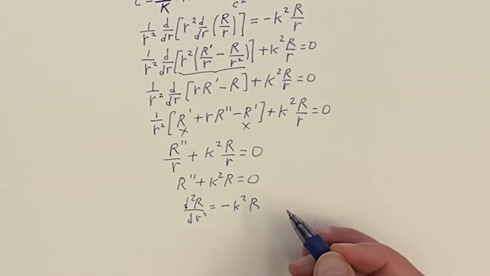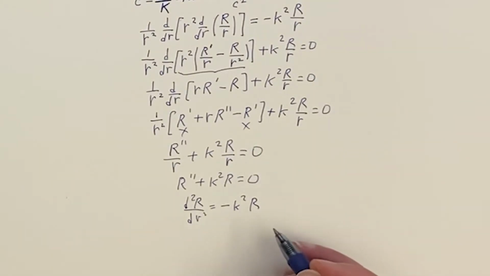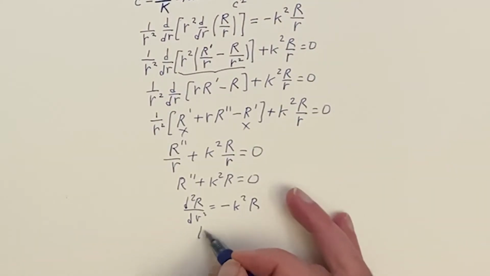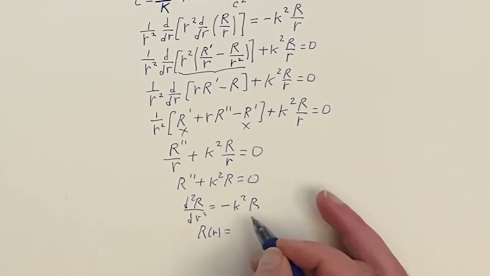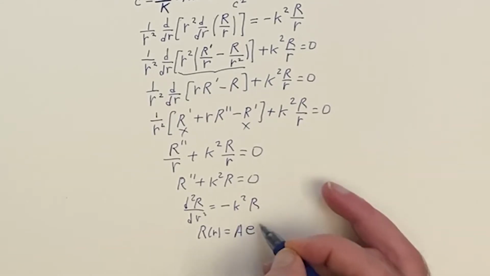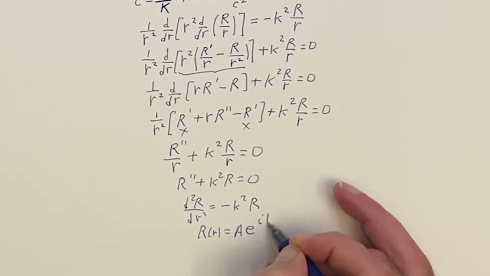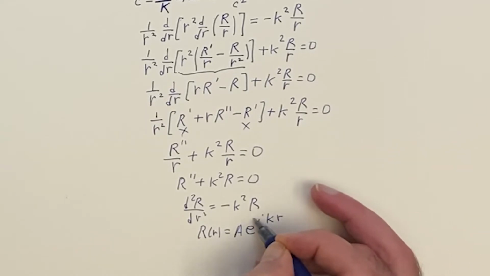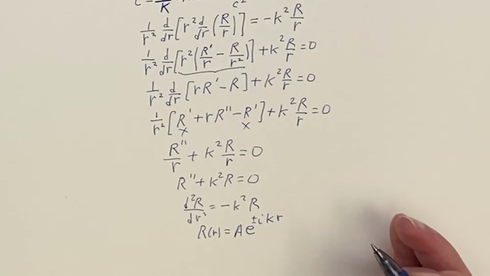Well, we're very familiar with that kind of a situation, because if we take sines and cosines, that does this trick. So here, say this is A e to the i k r, and you can even put plus or minus there, like the wave traveling in either direction.